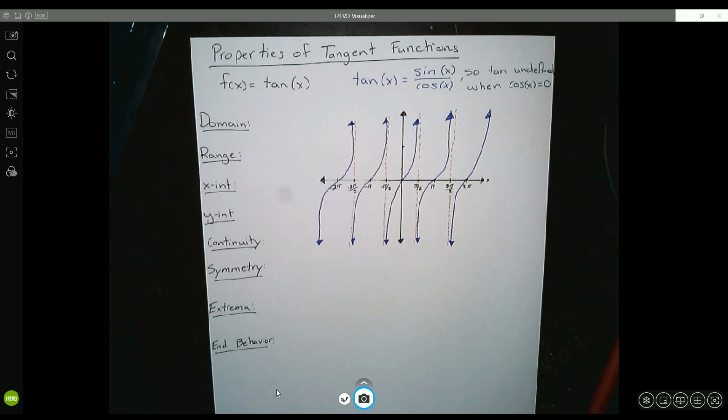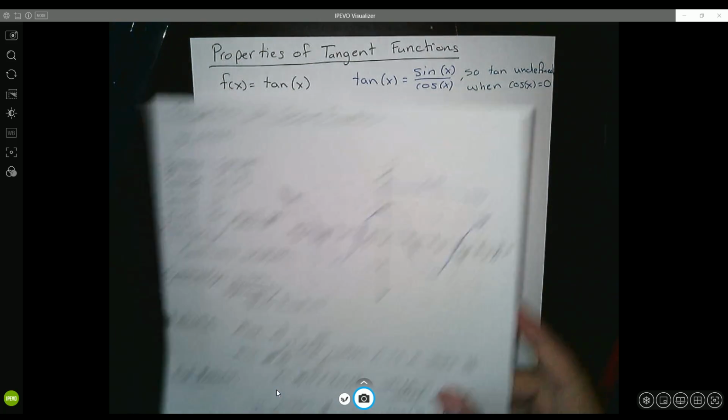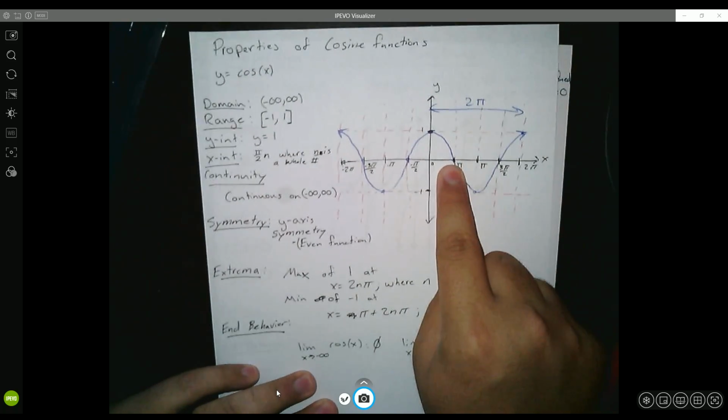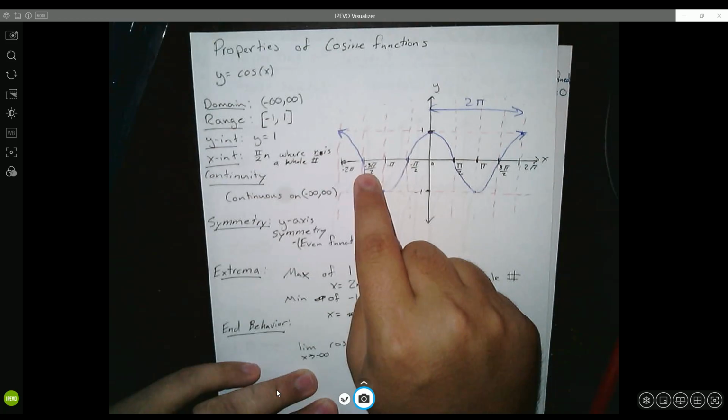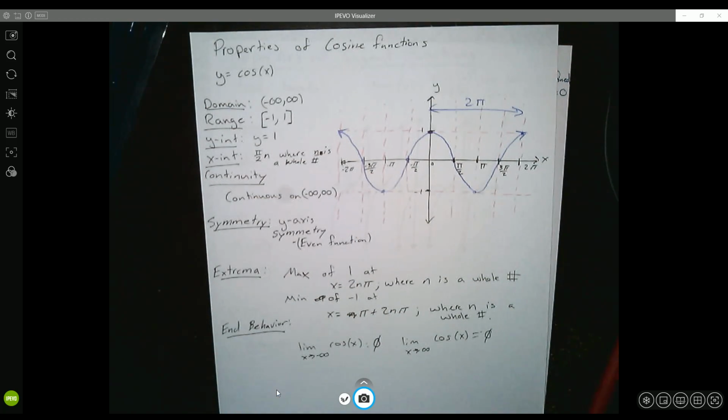Whenever we think back to the properties when we graph sine and cosine, remember it was a fluctuation of up and down, so it went on forever. The only difference is tangent x is equal to sine over cosine. So anytime that cosine x was 0, which was at pi over 2, 3 pi over 2, negative pi over 2, negative 3 pi over 2, and forever on, your function actually doesn't exist because you cannot divide by 0.